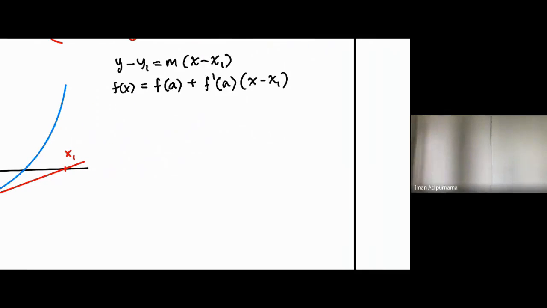The idea of Newton's method is, because you want to have the intercept here at y equals 0, make f of x 0, and we need to find the x.